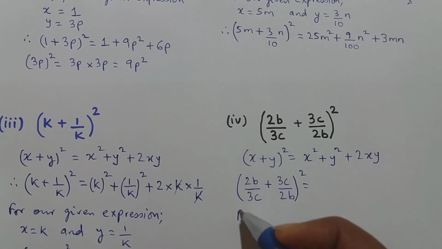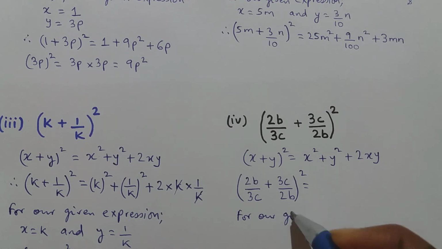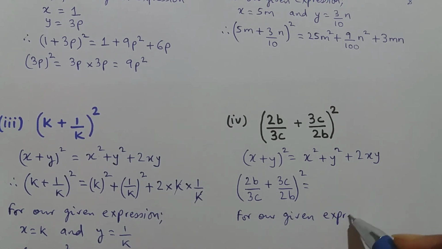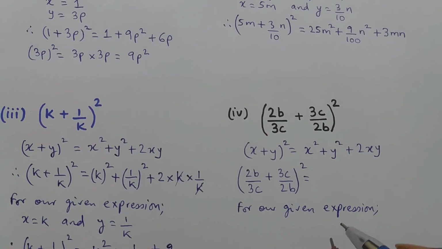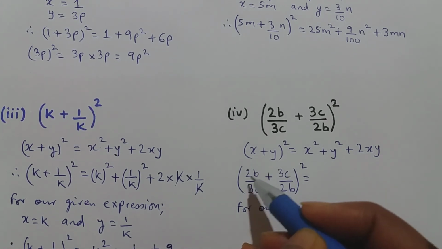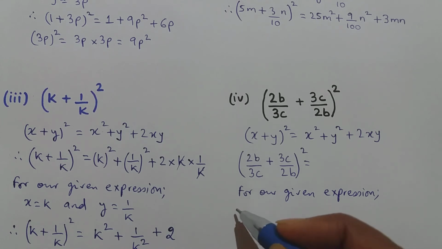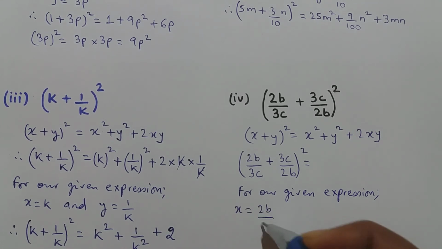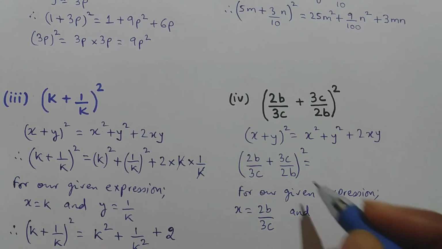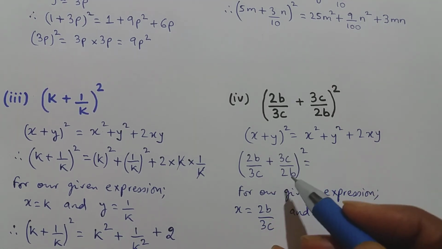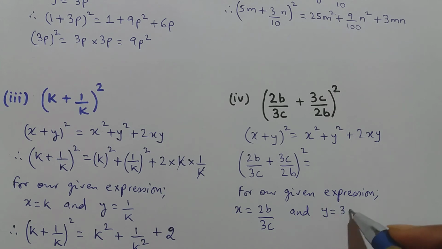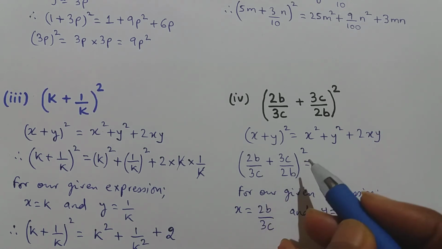So x is 2b upon 3c and y is 3c upon 2b. And now let us expand our expression.